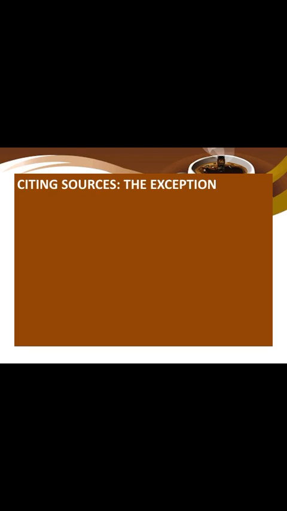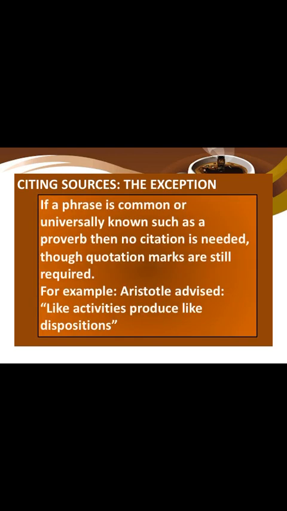We have more. How to cite common knowledge. Okay, if a phrase is common or universally known, such as a proverb, then no citation is needed, though quotation marks are still required. For example, Aristotle advised, "Like activities produce like dispositions." This is a proverb.